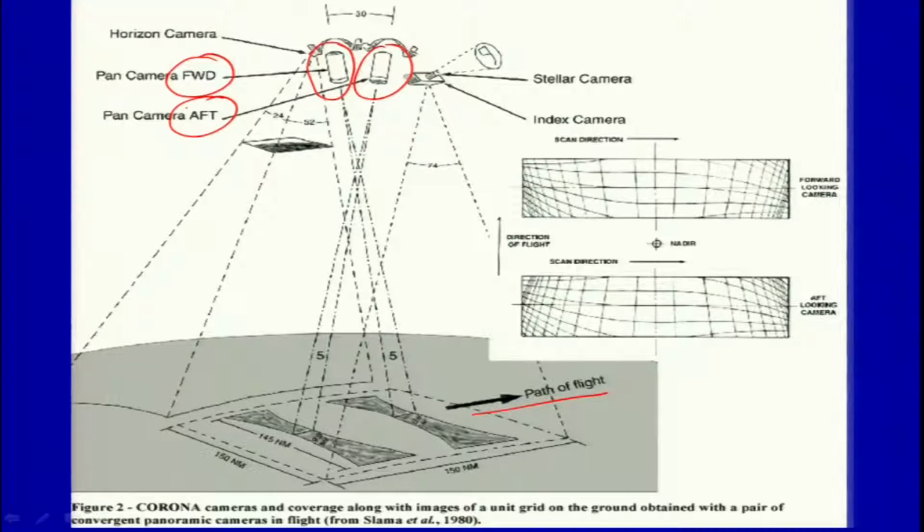So, if you want to do similar stereographic photography using an SLR camera, you can do that. For example, it is very simple. If you have, for example, an object here, okay, I am just putting a building here.